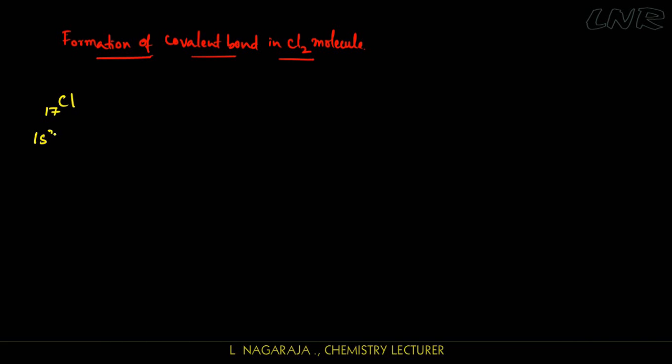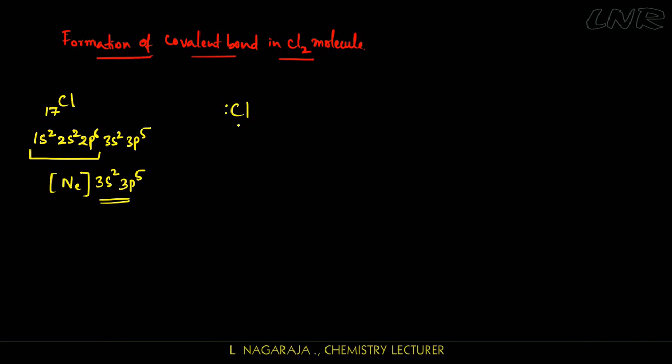So its electronic configuration is 1s2, 2s2, 2p6, and 3s2 3p5. That is, 1s2 2s2 2p6 is simply represented as neon, and the outermost configuration is 3s2 3p5, right? So the chlorine atom contains 7 valence electrons.